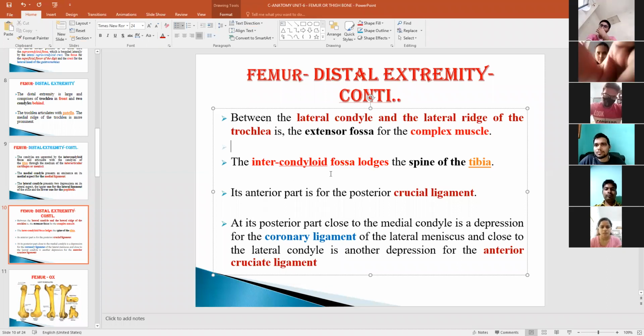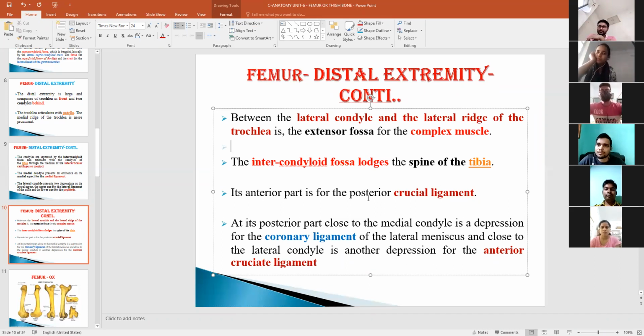Now, the intercondylar fossa lodges the spine of the tibia. This was the third important structure: first was the trochlea, next the condyle, and third the intercondylar fossa. It accommodates the proximal end of the tibia, that is the tibial spine.